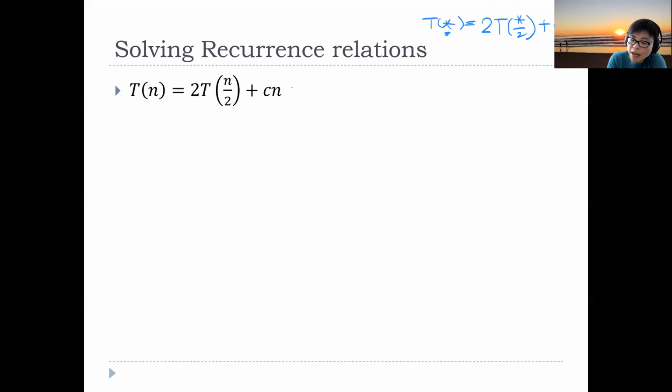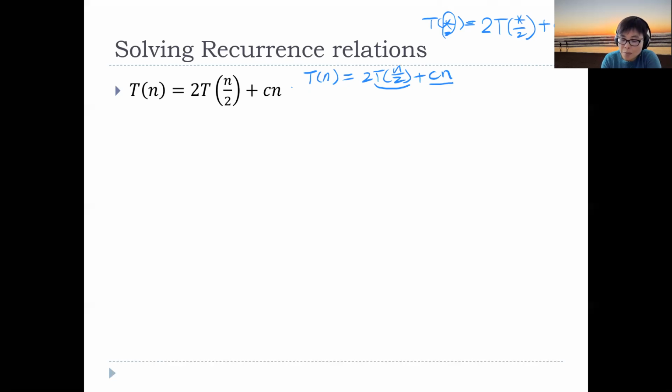This star can be any number. So we have T of n equals 2T of n over 2 plus Cn. This is good, but not good enough, because we don't know what T of n over 2 is. That's what we are trying to find out.